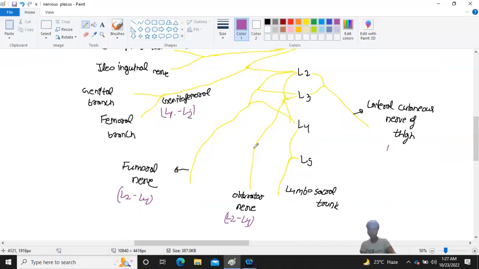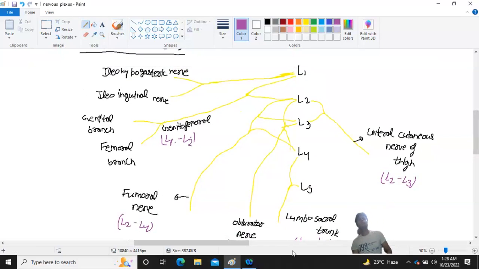This one has L2 to L3. And the lumbosacral trunk has L4 to L5. These are the values.